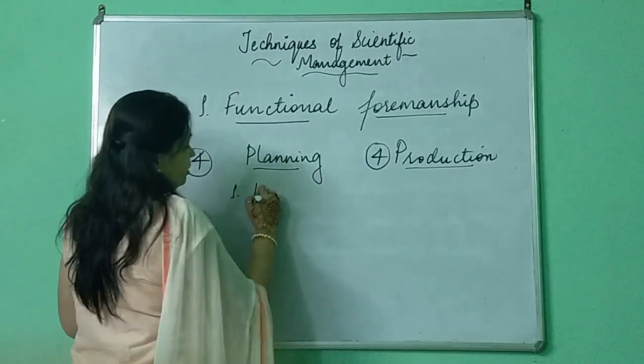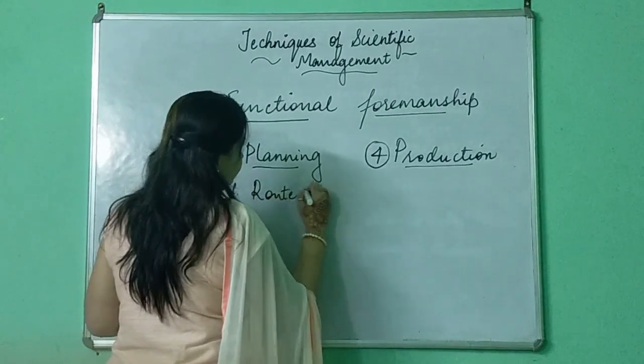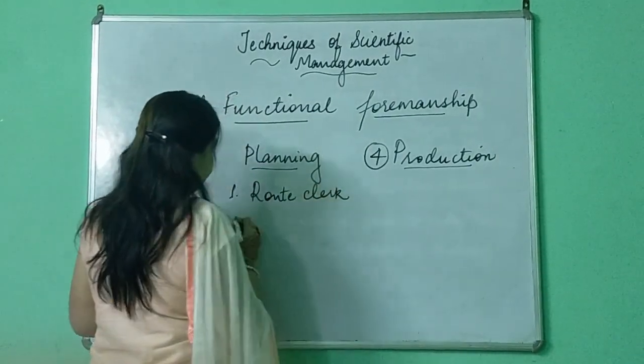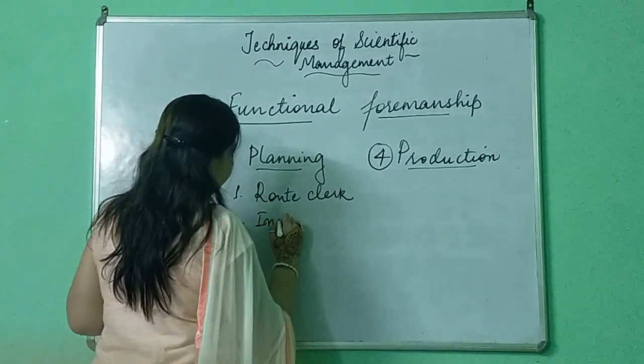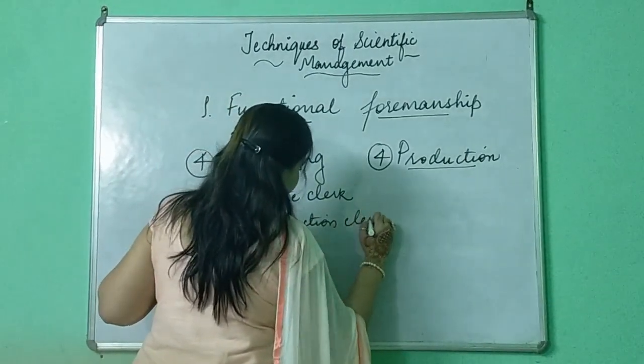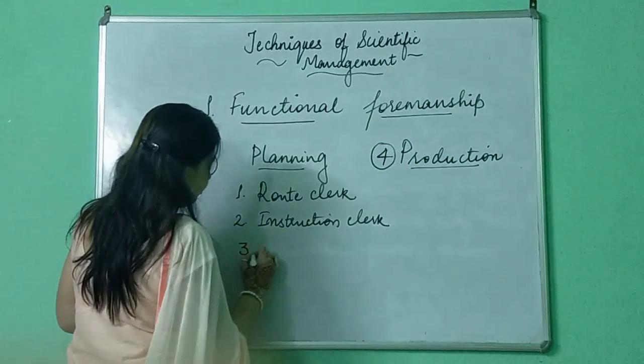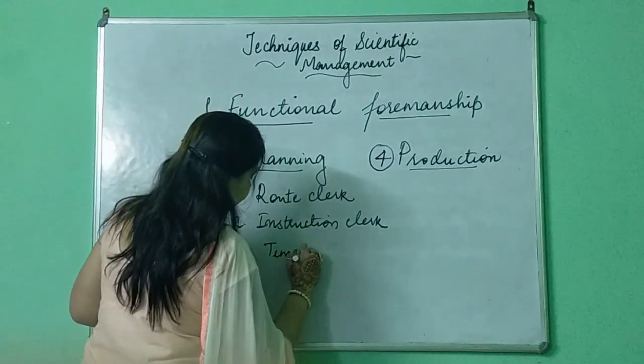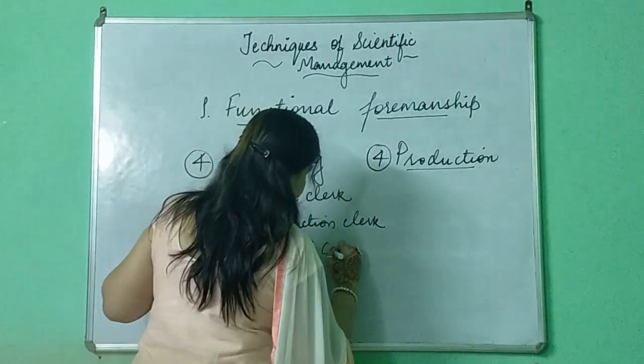First one is route clerk. Second is instruction clerk. Third is time and cost clerk.